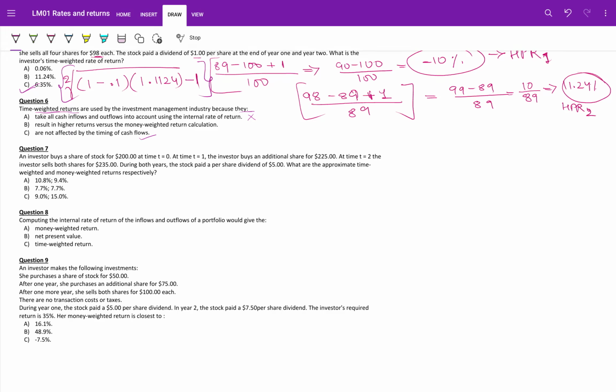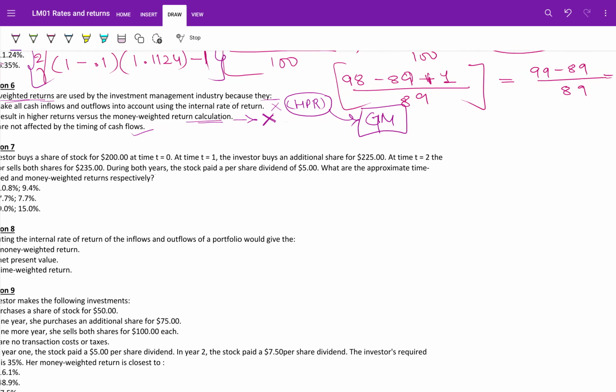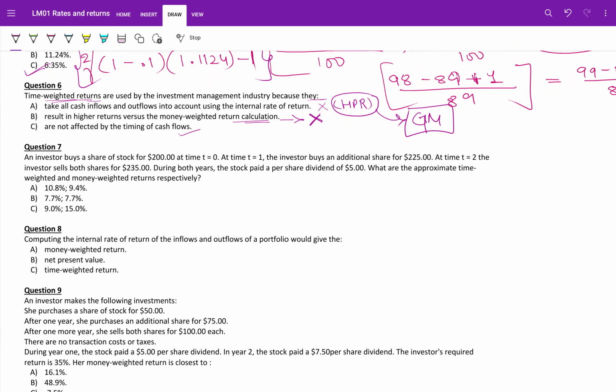We calculate basically HPR, and later we use the geometric mean to calculate our return. Result in higher return versus money weighted rate of return calculation. This is wrong because this is dependent on whether or not the portfolio manager controls the inflow or outflow of the money from the account. Are not affected by the timing of the cash flow. This is the right option.